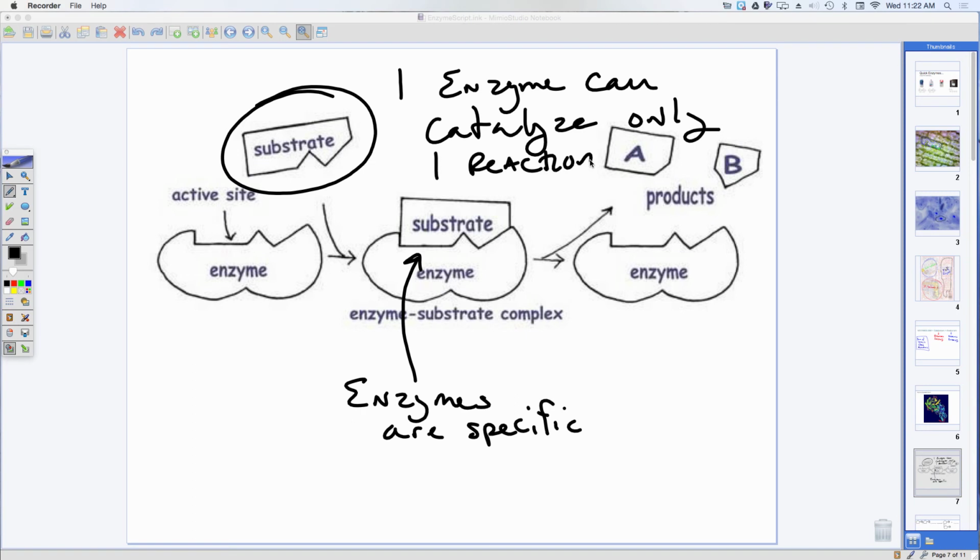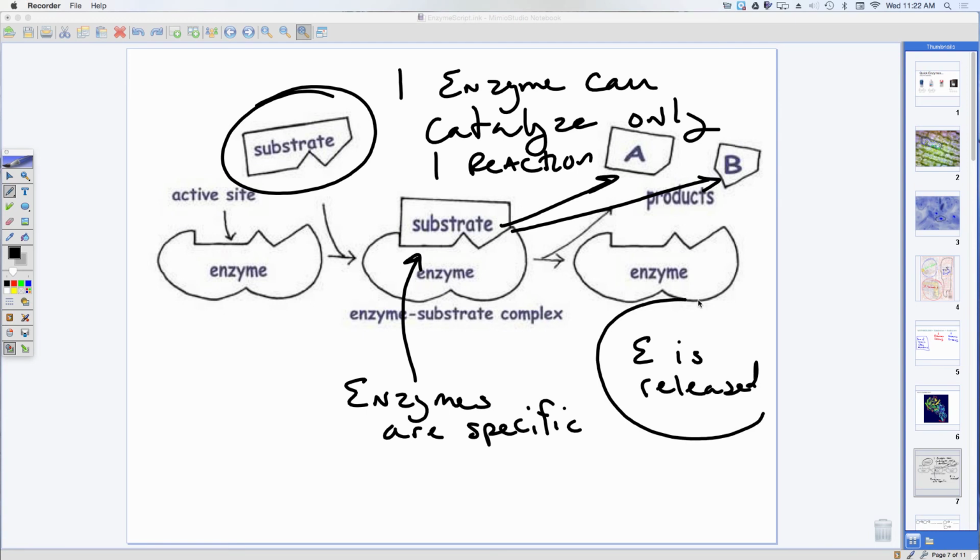And in the case of this enzyme, it is catalyzing the catabolic breakdown of the substrate into molecules A and B, and as a result, energy is released. So this might be how you get energy from, let's say, pasta, taking a large complex molecule and breaking it into smaller pieces.